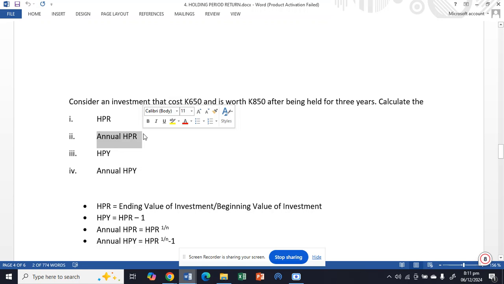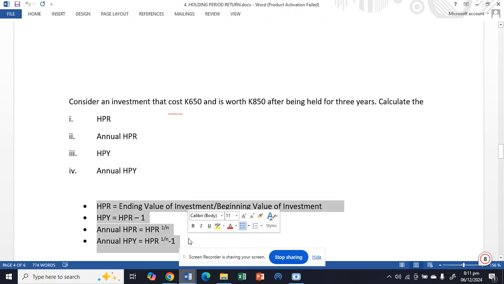The annual HPR is the return you get after holding the investment for 1 year. The HPR is for the total number of years you've held the investment, but when you make it annual, you just talk about after a year. Then our holding period yield and our annual holding period yield. So here below are the formulae.